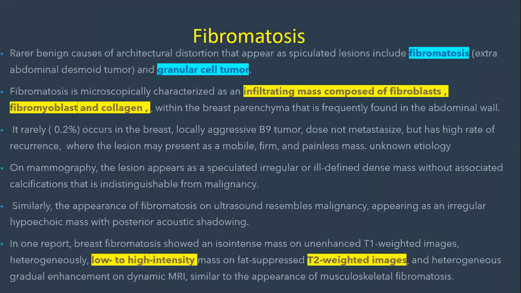So the fibromatosis, rare along with the granular cell tumor, is an infiltrating mass composed of fibroblasts, myofibroblasts and collagen within the breast parenchyma. It's locally aggressive, a benign tumor of unknown etiology with a high rate of recurrence. Characteristically it simulates breast cancer in all imaging, but has low T2 signal on MRI, okay?